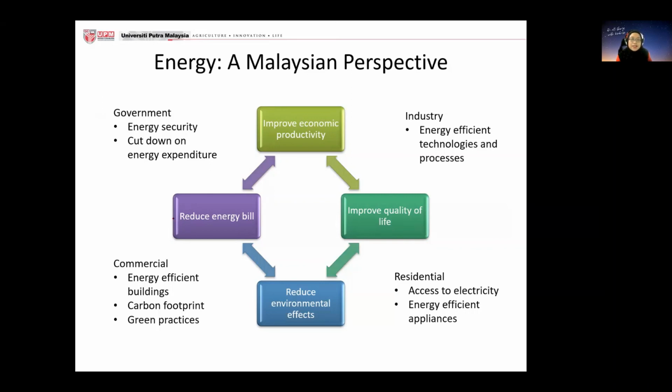And lastly, the government highlights the importance of energy security and cutting down energy expenditure. How are you going to do that? It's interrelated, it fits from one to the other, and it links very intricately the economy, our social life, and also the environment.